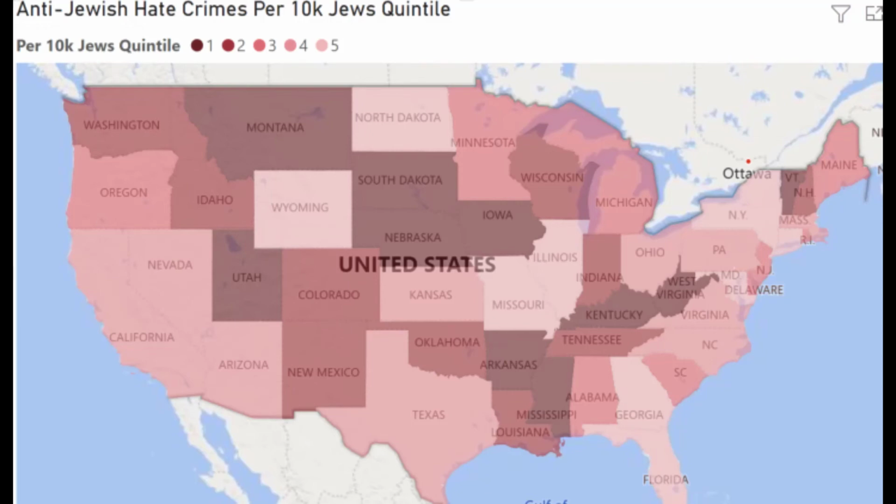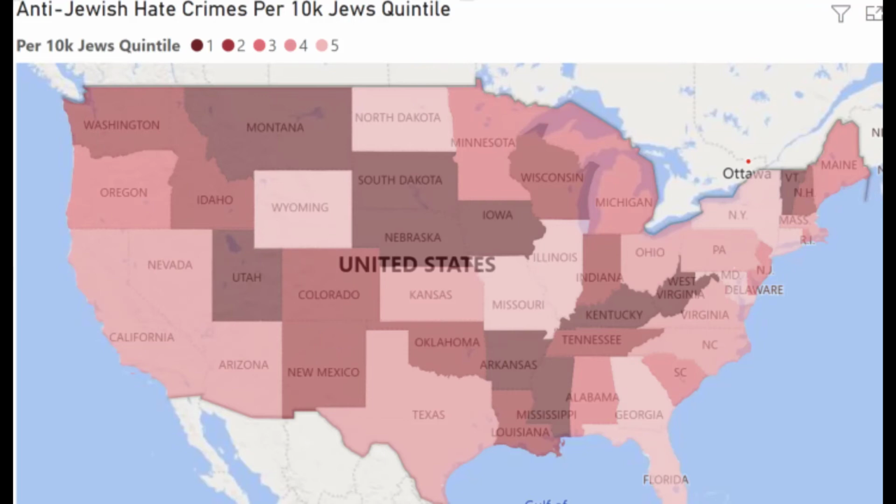Completely different states are coming to the top as having the highest number of anti-Jewish hate crimes when we compare it per total 10,000 Jews who live in that state. So we've changed the denominator, or full picture of our population, from everyone who lives in the state to just those who might be subject to these particular crimes.